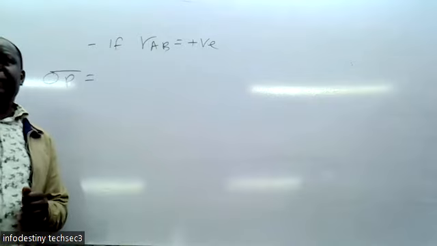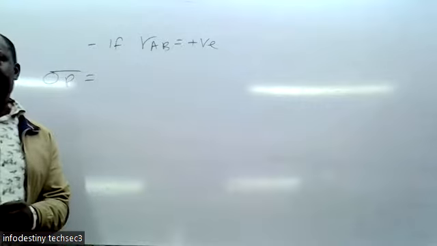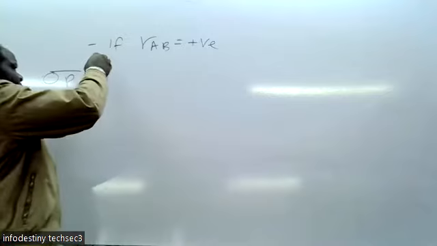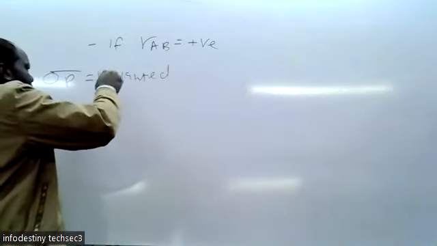They have given you security A and B. When you combine them together, they form our portfolio. So you have to get the combined standard deviation. It will simply be the weighted average.